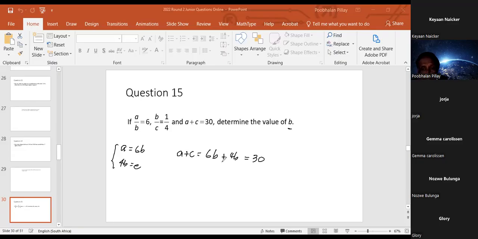But now you've got a simple equation: 10B is equal to 30. So B must be 3. Oh, that's exactly what we wanted: determine the value of B. So the answer to question 15 is that the value of B is 3.